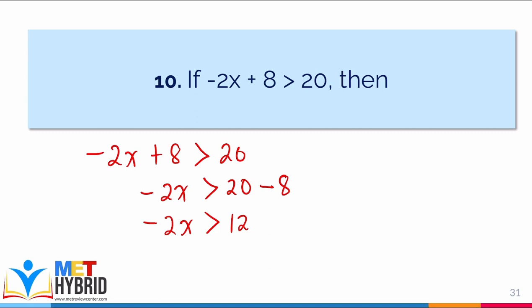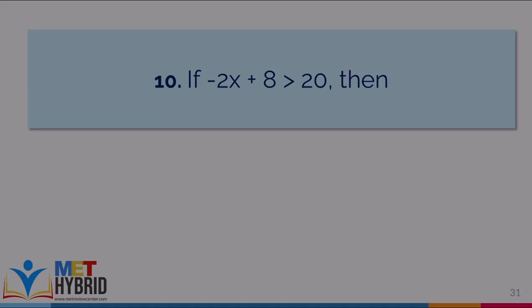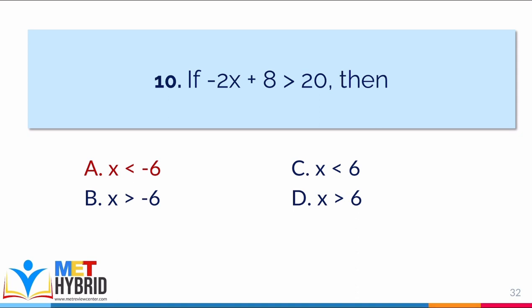Then we divide both sides by negative 2. Remember that every time we divide by negative 2, we change the inequality symbol to its opposite. Therefore, we have x is less than negative 6. The answer to the problem is letter A.